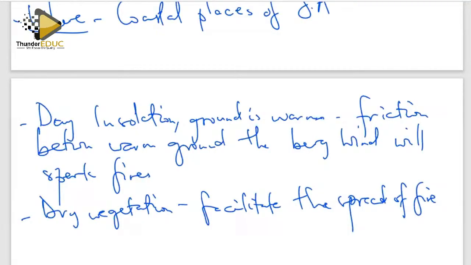Because the vegetation is dry during the day, there's no accumulating moisture over the vegetation. It has evaporated during the day because of insolation. Then fires can easily spread over dry matter because the vegetation does not have any moisture. There are high levels of evaporation during the day. So that is going to facilitate the spreading of the wildfires.